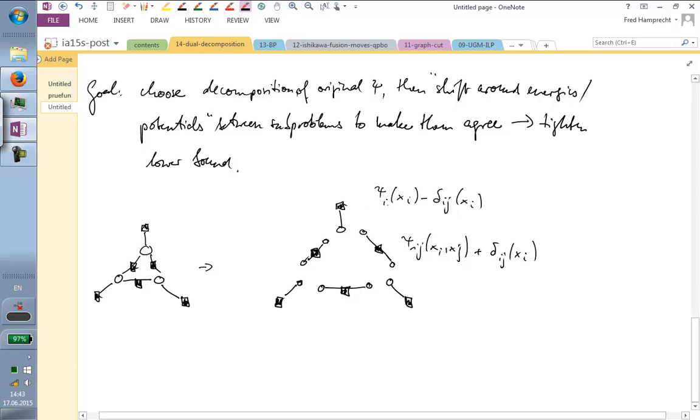And so I'm shifting some energy from here to there, and likewise from here to there. So I have psi j of xj minus delta ji of xj. And by doing so, I simply obtain a different reparameterization. I have conserved energy because I have subtracted some amount here and added it there. It should be a plus. Thank you very much.